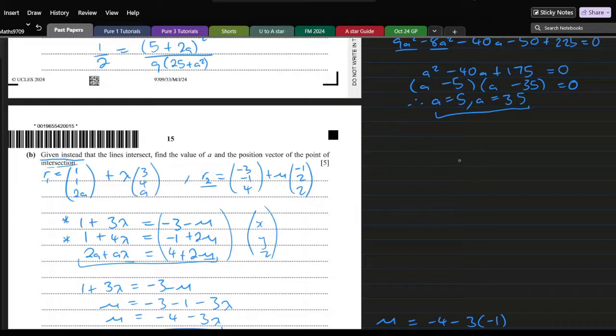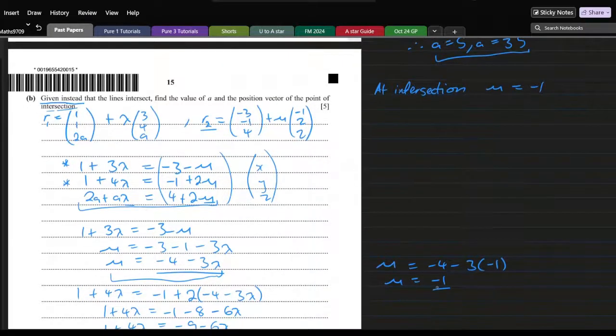We know that at the point of intersection, we evaluated what mu is, and we said our mu is -1, we did that below here. So that means the coordinates of that point of intersection must be -3 times mu, and mu is -1, -1 plus 2 mu, with mu being -1, and 4 plus 2 mu, 4 plus 2 times -1.